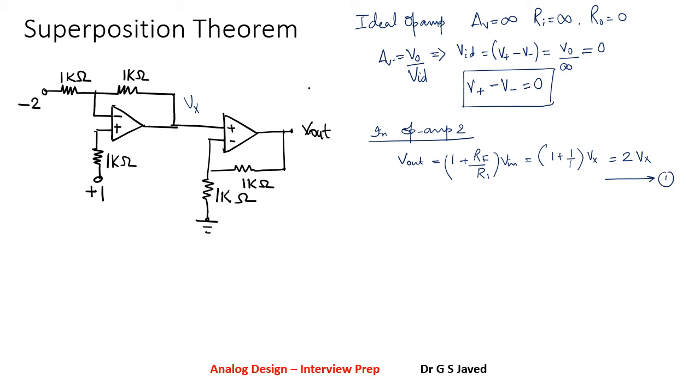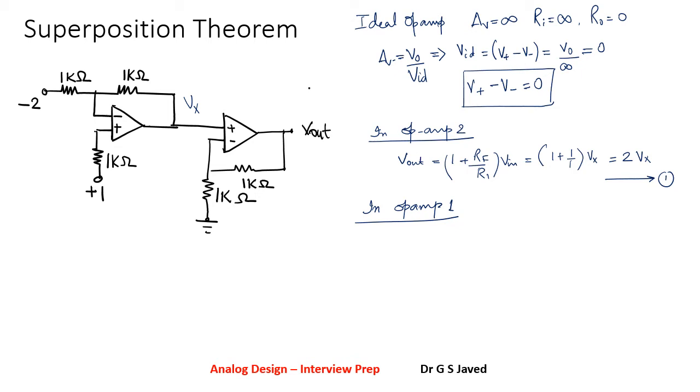Now in op-amp 1, we find that there are two voltage sources, one connected to the inverting and another connected to the non-inverting terminal. To solve this problem, we will use the superposition theorem.